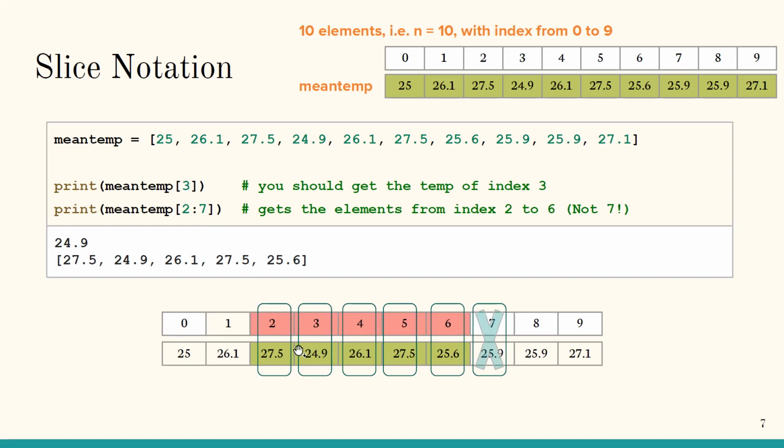So you are retrieving 1, 2, 3, 4, 5 values. That's why you're printing 5 values here, 27.5 to 25.6. Okay, it's really easy. I've put a cross in here to indicate that 7 is not included. Remember that. This is very specific to Python. It's not the same for Fortran, actually.